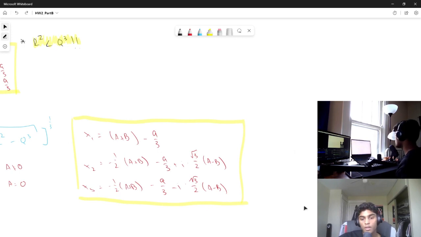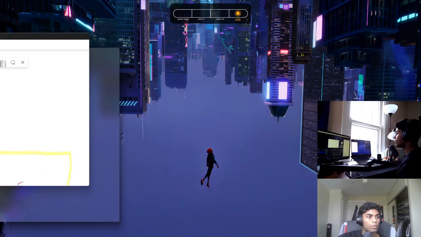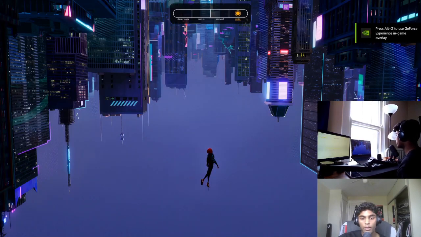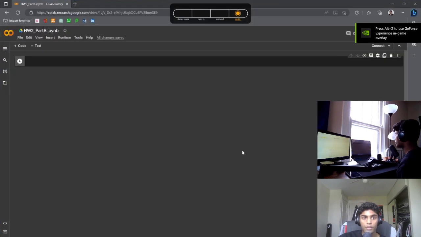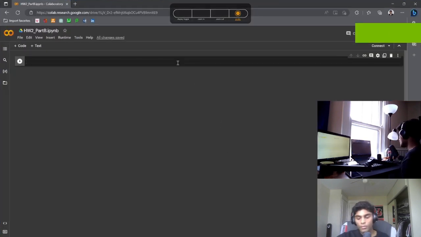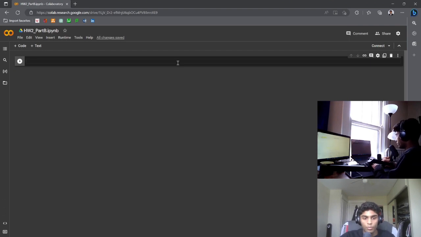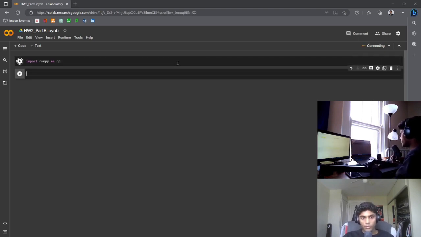So I'm going to toss this up on my other monitor. And let's go ahead and get started with our code. For this one, we're not going to need to import anything too crazy. We're just going to import numpy as np, and that'll make sure we have our np library.